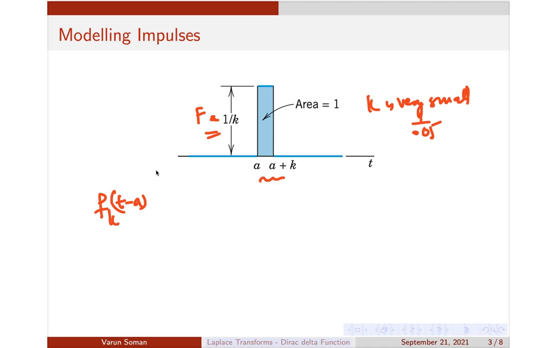It is defined as 1/k when t varies from a to a plus k, and elsewhere it is simply 0.